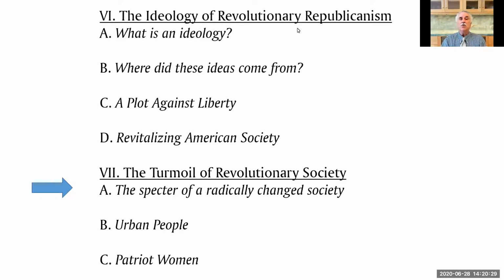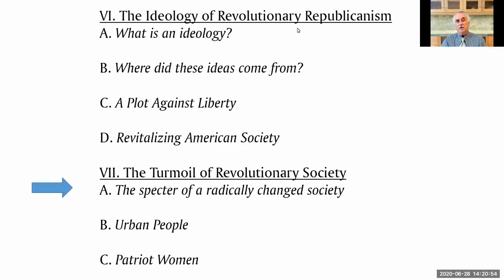But the question is, what kind of republic would it be? Because there are many different kinds of republics. There was the Roman Republic. There was the ancient Greek Republic. There are Christian republics, Islamic republics, socialist republics.